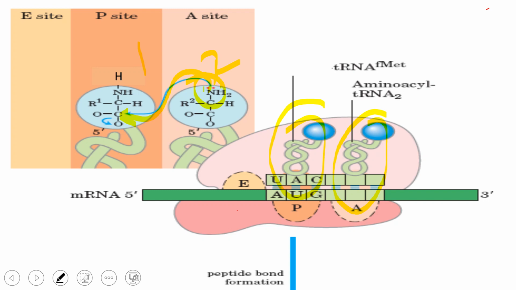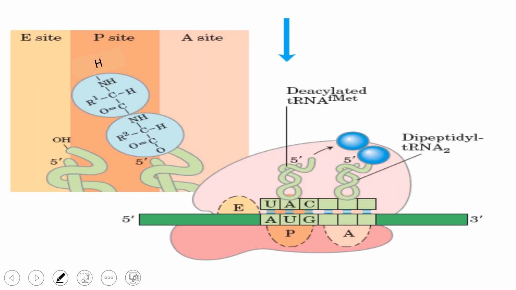So the transpeptidation reaction is initiated as a nucleophilic attack by the lone pair of electrons on the nitrogen of the amino group of the amino acid on the A site to the amino acid on the P site, and a bond formation occurs. So this is called the peptide bond. The previous bond with the tRNA on the P site will be dissociated. A new bond, the peptide bond, has been formed.